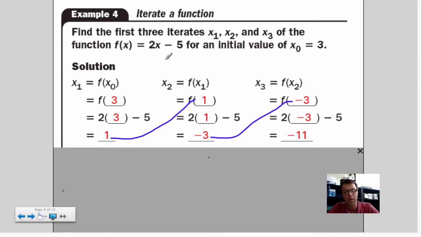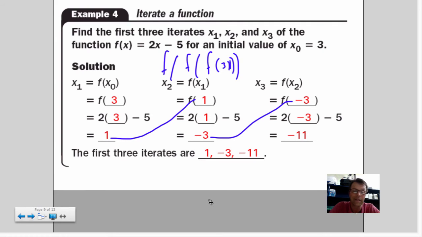Composition meaning, this could also have been written f of f of f of 3, in parentheses, right? So plug 3 into the function, take your answer, plug it back into the function, take your answer. But it's nice because you get to see the different answers along the way. I love it. I think iterating is so fun.